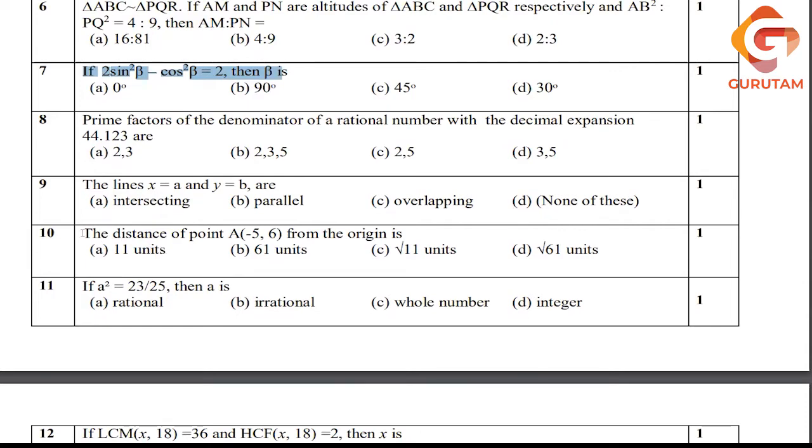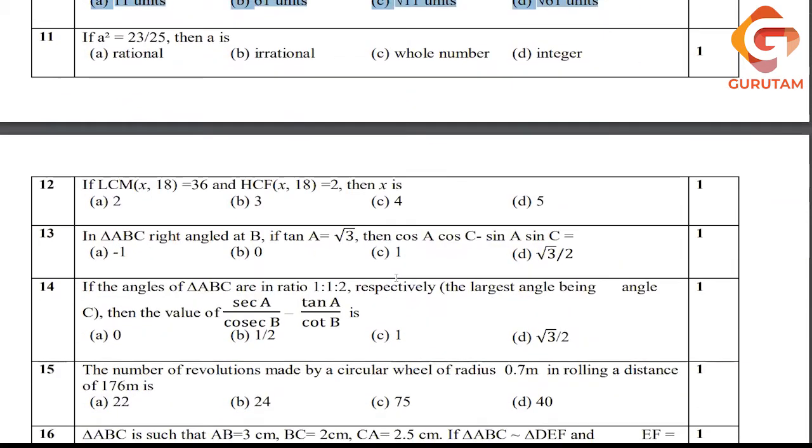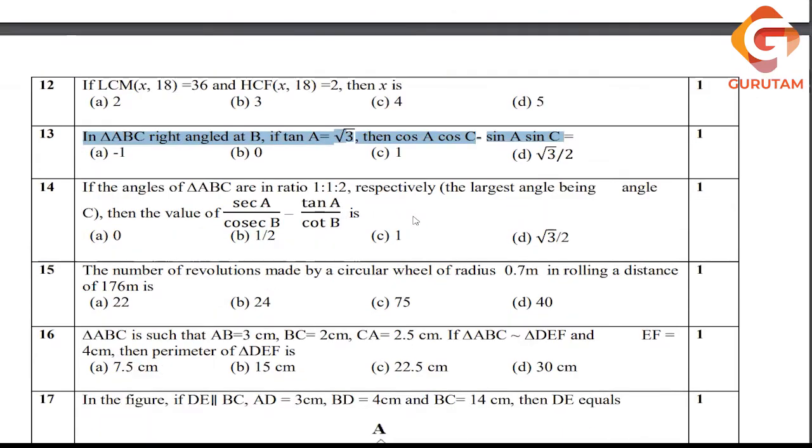So you need to be very serious, the level of the question is not easy. The level of the question is the same as the previous examinations the CBSE has conducted. In the previous examination where the CBSE has given 2 marker and 3 marker questions, now they have given them as 1 marker questions. You can see question number 13. Do you think it's very easy? No, it's not easy.